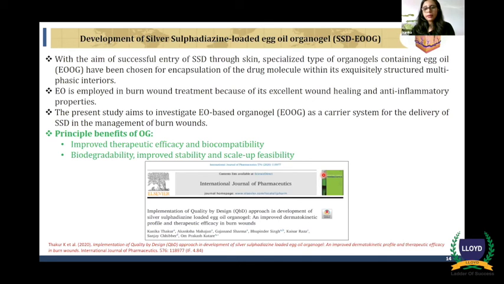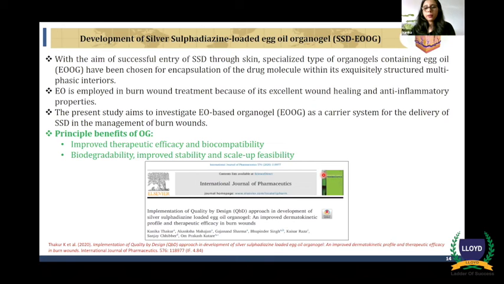There hasn't been any molecule which has been so effective in the treatment of burn injuries like silver sulfadiazine, because with antibiotics we have the problem of antimicrobial resistance, but this kind of molecule usually combines the oligodynamic actions of silver as well as sulfadiazine.